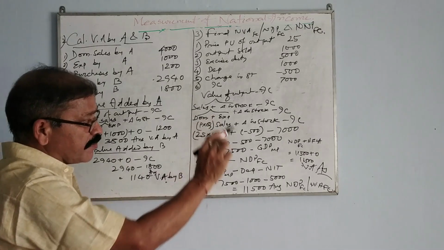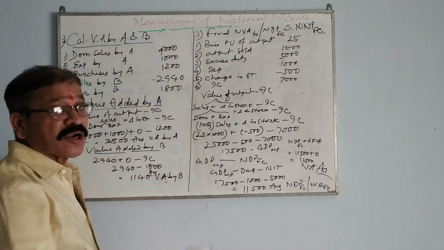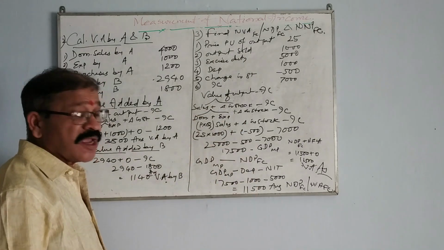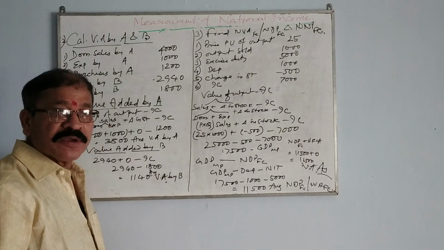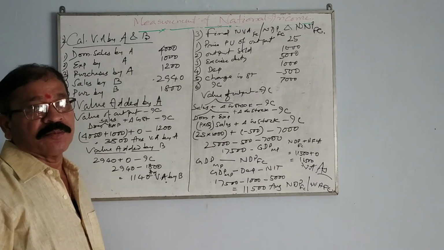Okay, this is the basic. NVAFC, the other name is NDPFC, and then you have to calculate NNPFC. Simply add NFIA with the NDPFC, then you will get national income, also known as NNPFC.